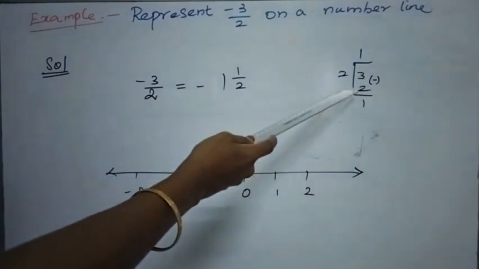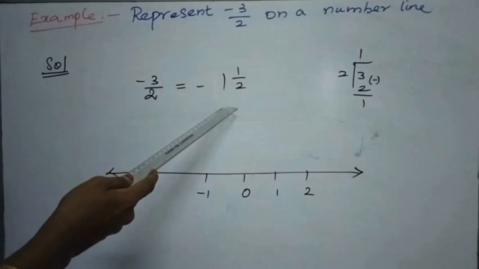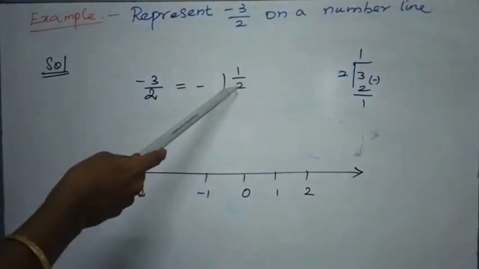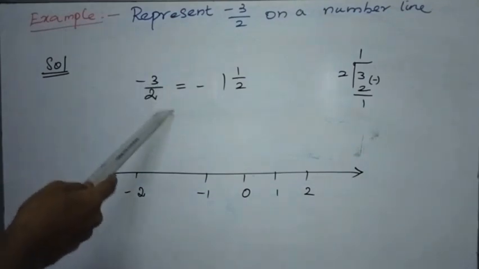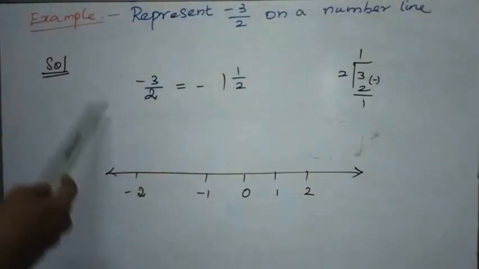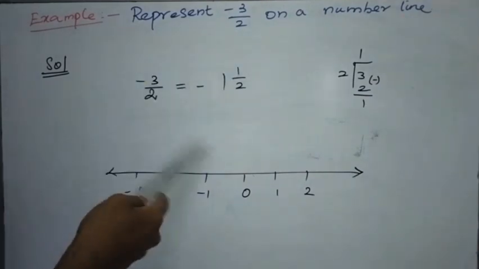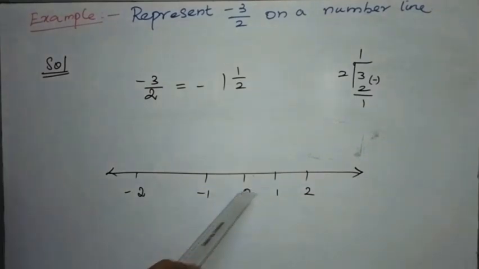Write 3 inside and divide by 2. 1 2 is 2. You have to subtract and write it as a mixed fraction, the whole number and then the fraction. This rational number is equivalent to minus 1 and 1 by 2. The reason we write this step is that we have to divide, then split the equal interval and mark the number line.